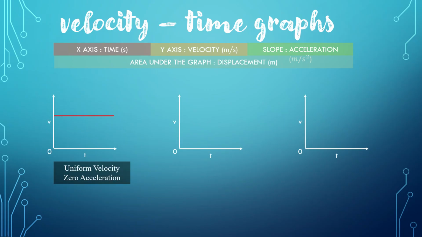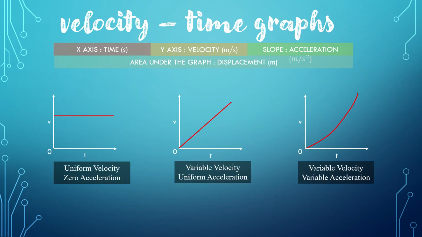Likewise, we have the velocity time graph. Now, what you need to remember is that the area under the graph tells us the displacement. Here we are talking about displacement, because what is velocity? It is displacement upon time. In the velocity time graph, the first graph you see is uniform velocity, that is, zero acceleration.